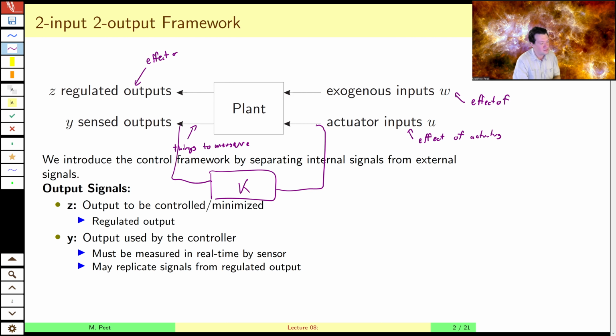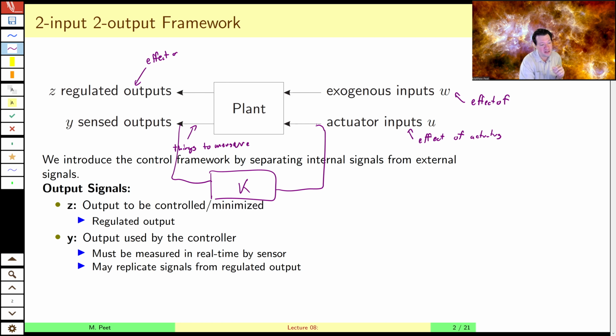Right. So let's focus for now on the outputs. What are the outputs of this plant? There are two classes which may or may not coincide in some sense. The first, of course, is the things that we care about, the things that we want to go to 0.